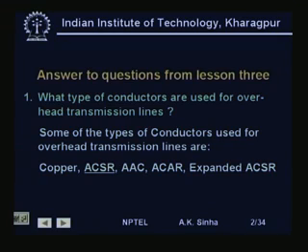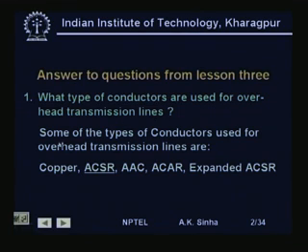Welcome to lesson 4 on power system analysis. Before we start this lesson 4, first I would like to take up the questions that we asked in lesson 3. First question was, what are the types of conductors used for overhead transmission line?